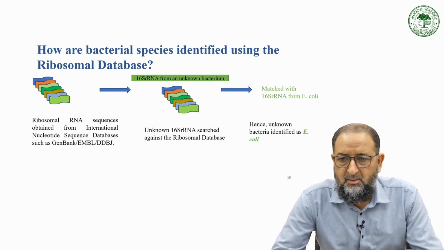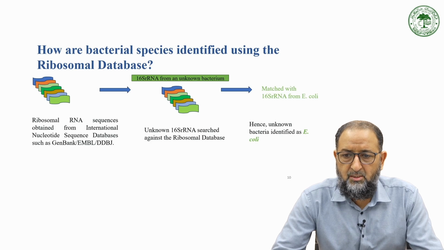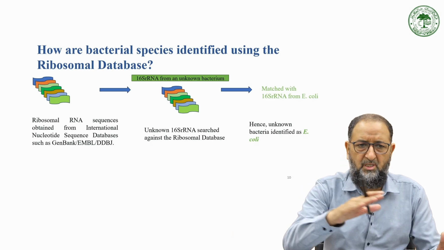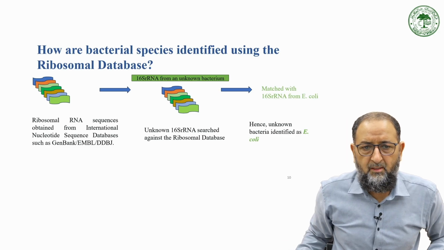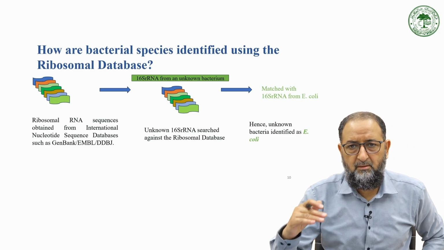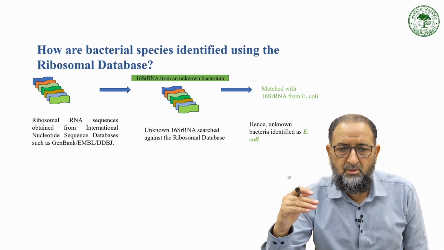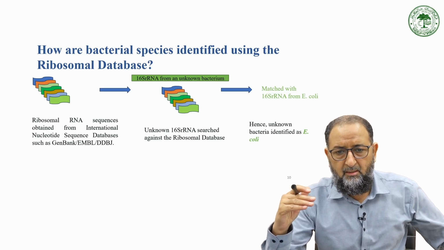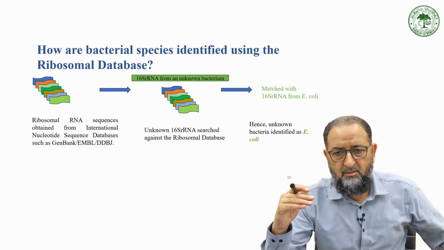Then we match it with the 16S rRNA of E. coli, hence unknown bacterial identification can take place. So, this is how it works, and using the 16S rRNA sequencing database, you can easily identify these different bacteria.